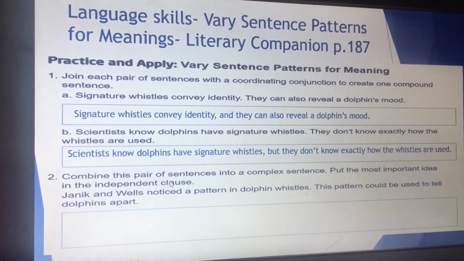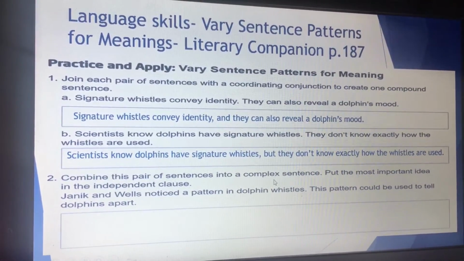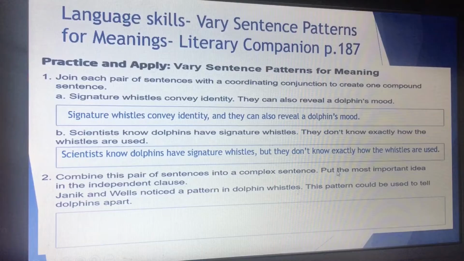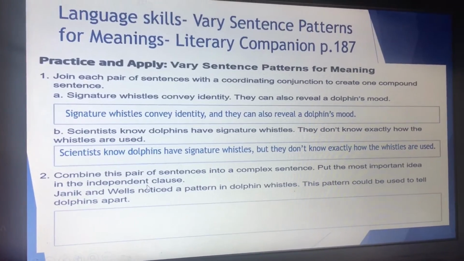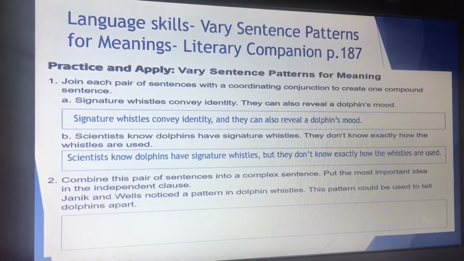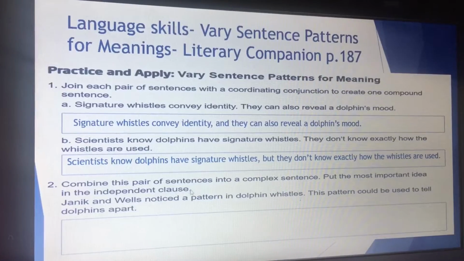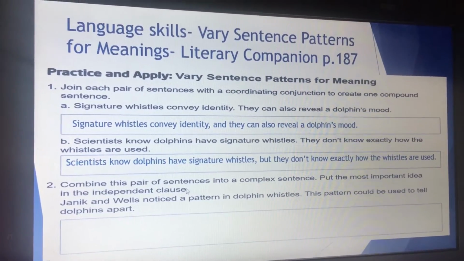Exercise number 2 is to join those two sentences into one complex sentence. You have to put the most important idea in the independent clause, which means that the most important idea should stand alone because it is one complete idea, one important thought, complete thought.